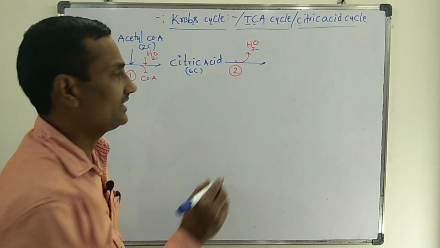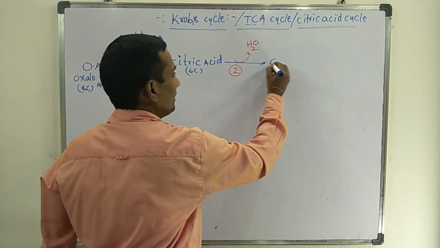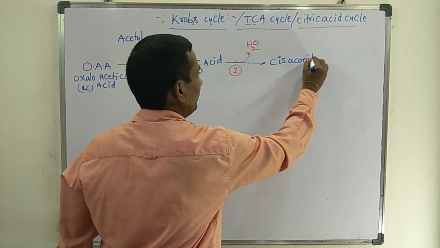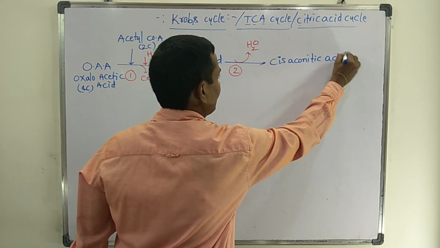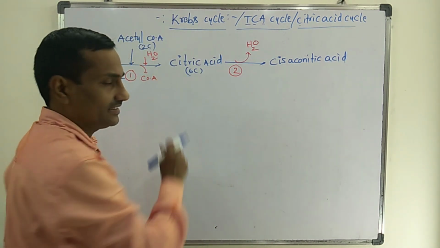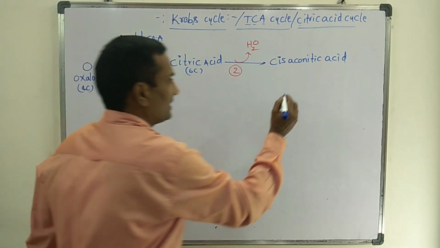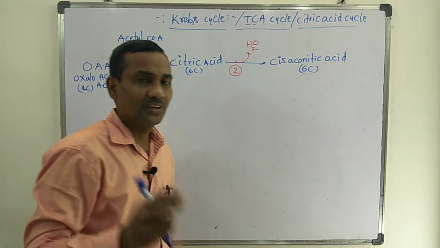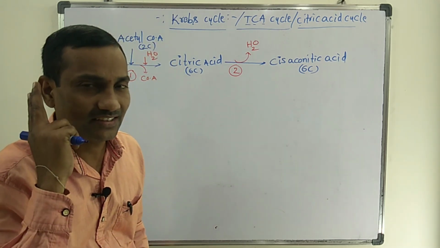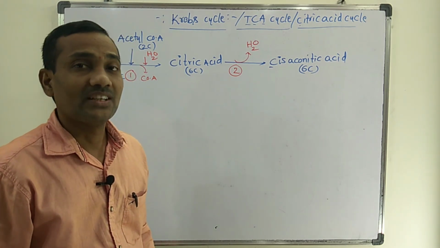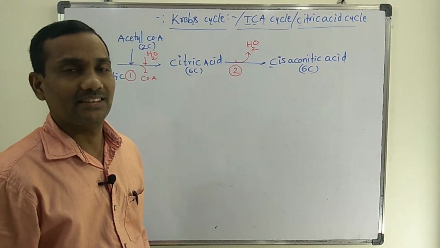Because of dehydration, one chemical is formed, cis aconitic acid. Once you observe, citric acid is a 6-carbon compound, cis aconitic acid is also a 6-carbon compound.